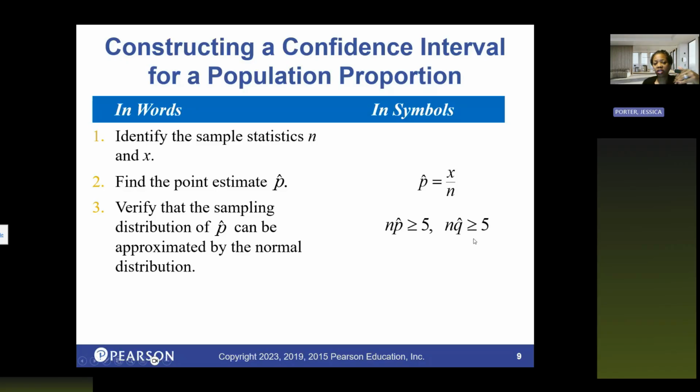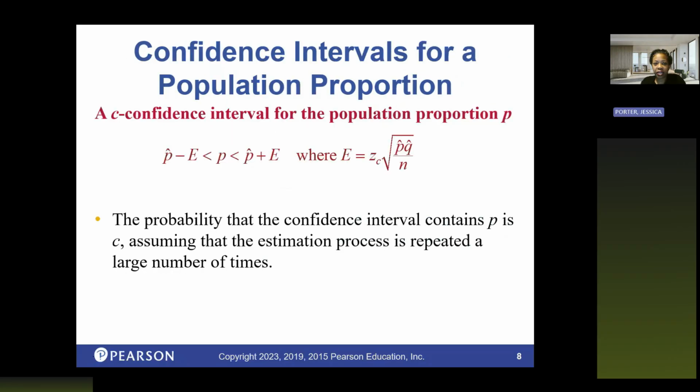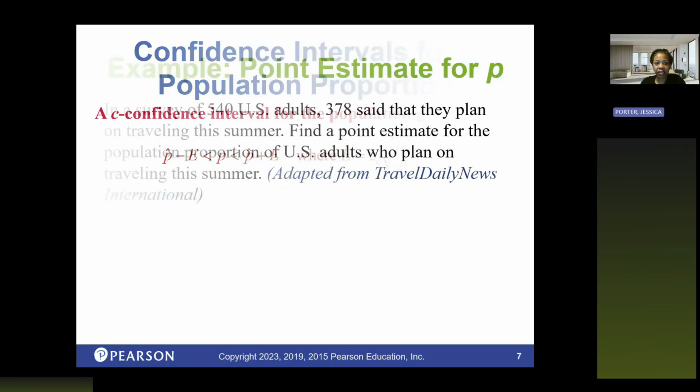They're going to ask you that on the homework, and I totally forgot about it. But we have to check that condition. That's just seeing if we can approximate it with a normal distribution. Let me make sure I get to my screen where I can see.